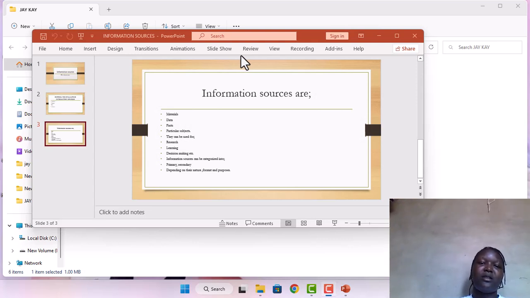And for this information, we have some criteria for evaluating information sources.